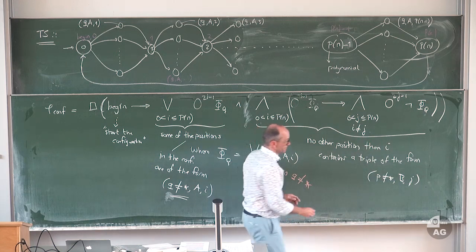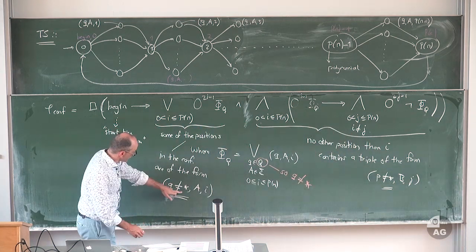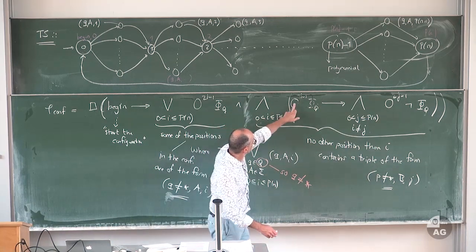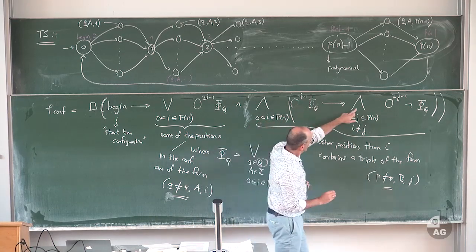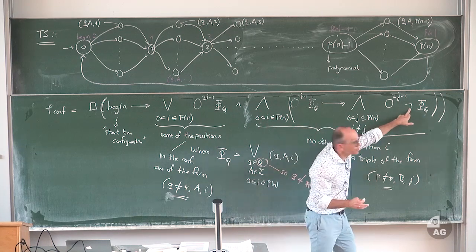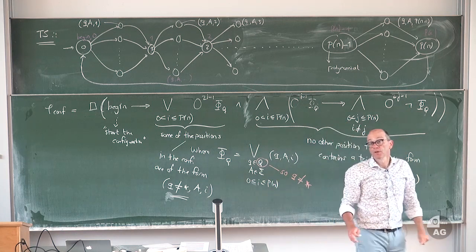So for some position there is a non-star, and if such a position has this star at i, then for all different ones, i different from j, this is not the case. Good.